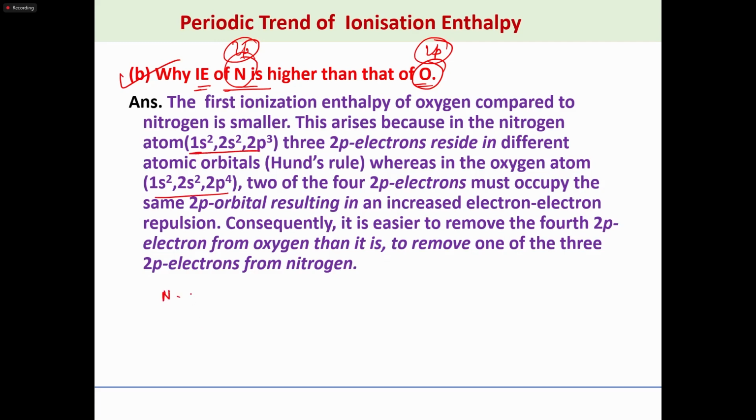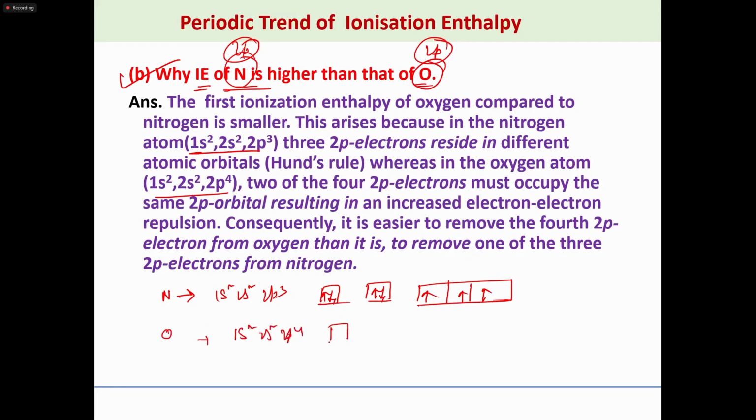For nitrogen, the electronic configuration is 1s2, 2s2, 2p3. And for oxygen, it is 1s2, 2s2, 2p4.